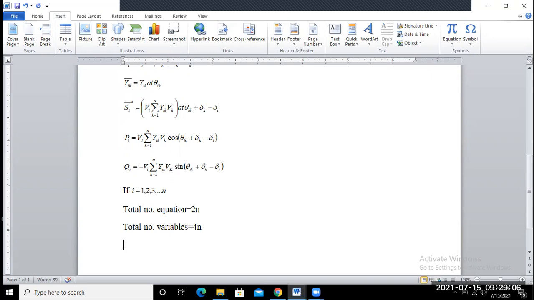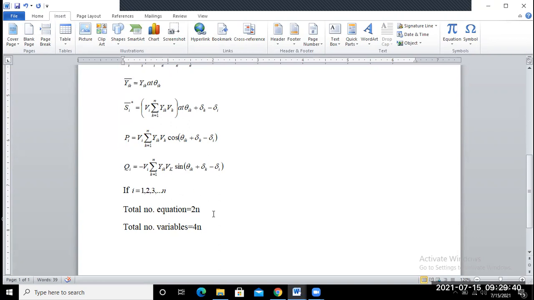So how can we solve? We have 2 equations and 4 variables. If we have 2 equations and 4 variables, then we specify 2 variables, and we can solve these 2 equations for the other 2 variables. So 2 variables are specified and 2 variables are solved.